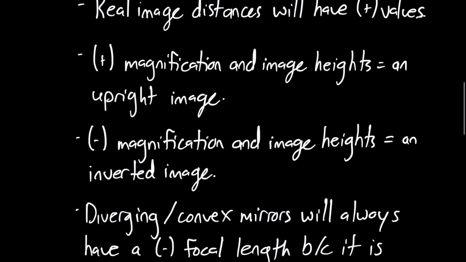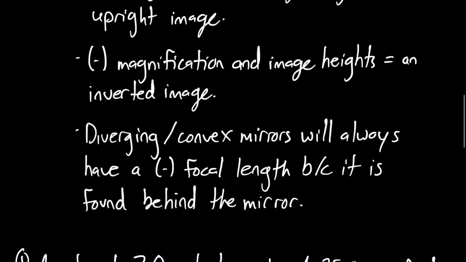Next up, a positive magnification and image heights will equal an upright image. A negative magnification and image heights will equal an inverted image. So if the magnification or the image height is negative, the image will be inverted.